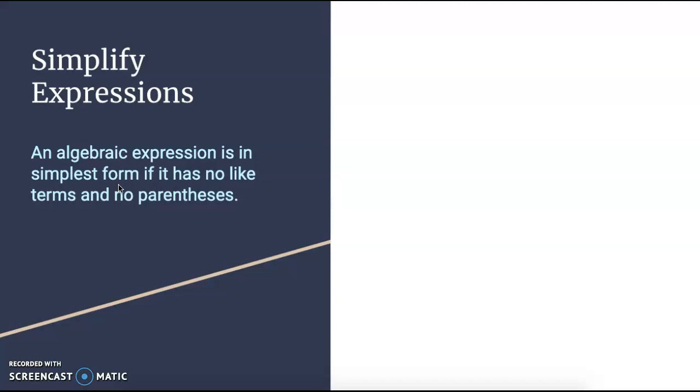So we take something like 5/10 and simplify it to 1/2 to make it smaller and easier to understand. It's the same idea for expressions. We take the big long expressions and we simplify them, meaning we make them as small as we can, which means that they have no like terms and no parentheses, and that makes them easier to understand.